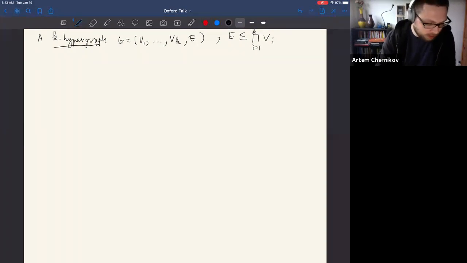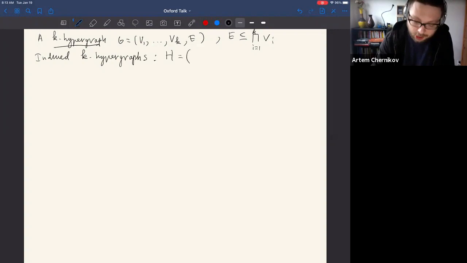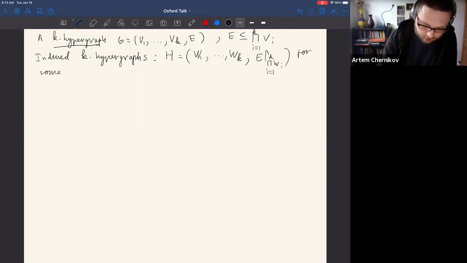Similarly, in a completely analogous manner, we can define induced k-hypergraphs. So these are k-hypergraphs of the form H with some W1 through Wk, and E restricted to the product of the W's, for some choice of subsets Wi of Vi.